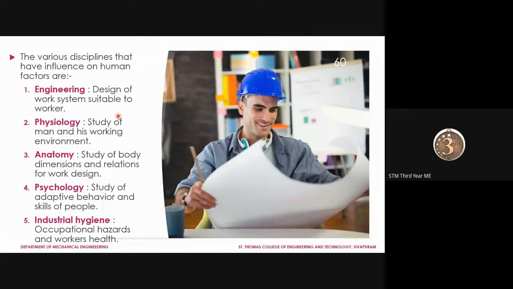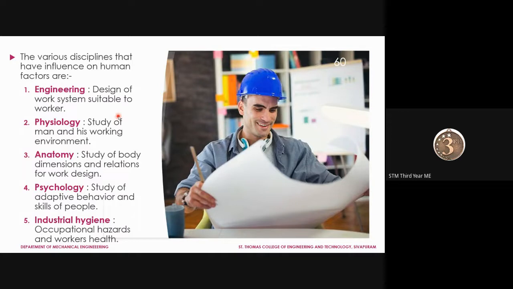If suitable work is not given to that worker, then his productivity level or his performance level will be lower, and this can affect the industrial productivity, or it can form some delays in the making of the product. So that is coming under engineering.